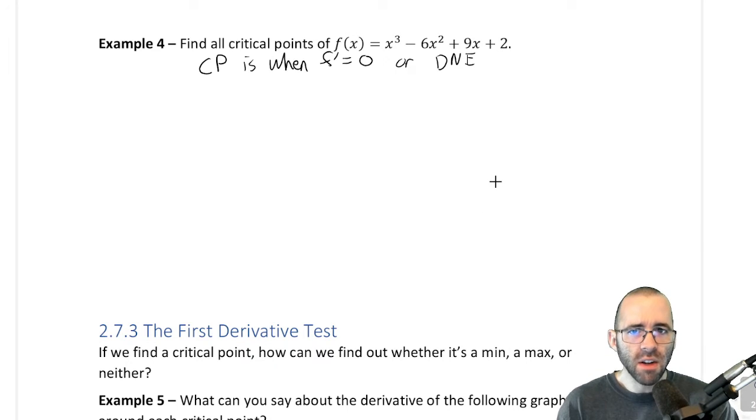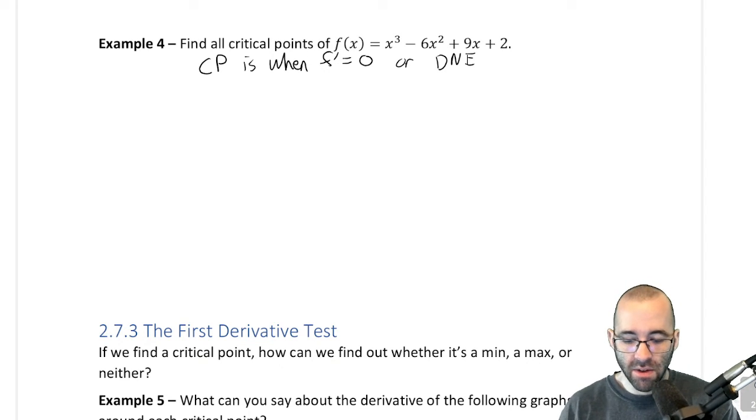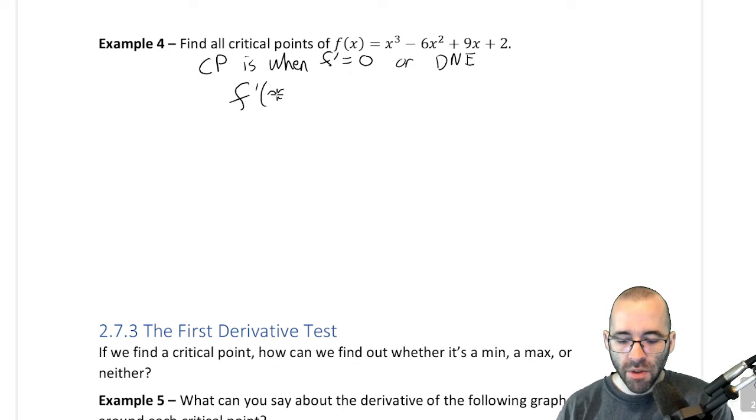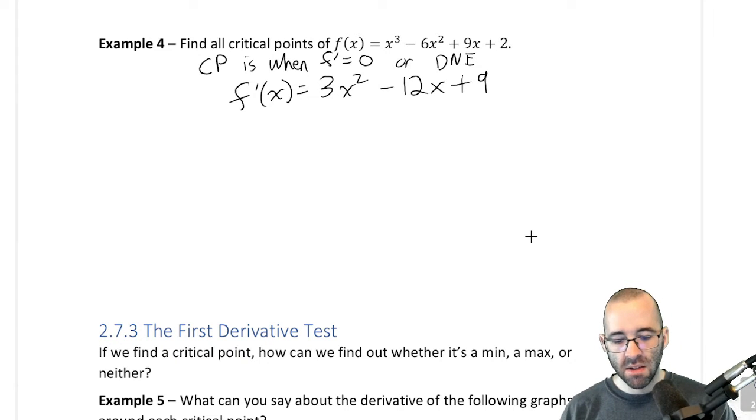So to find a critical point, we're going to need the derivative. So the derivative, we'll just use the power rule, is 3x squared minus 12x plus 9. When does this equal 0? When does this not exist?